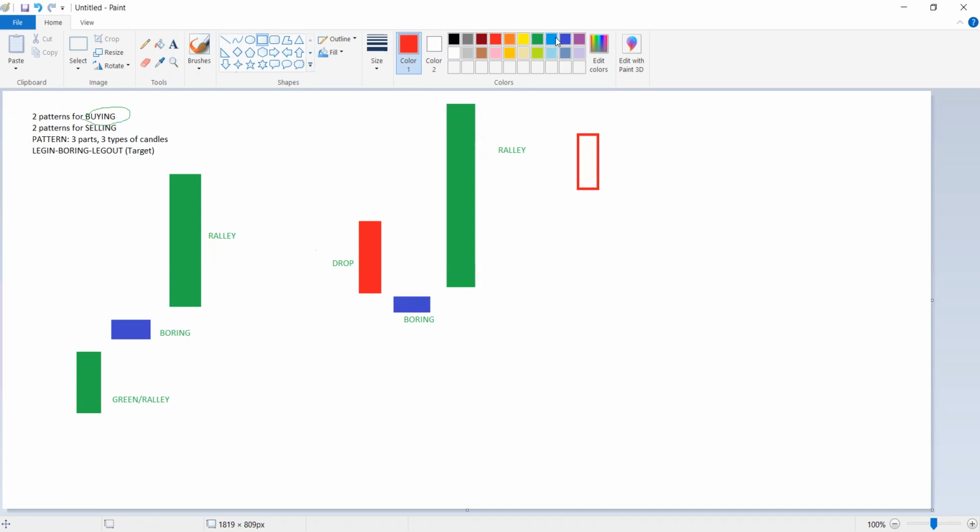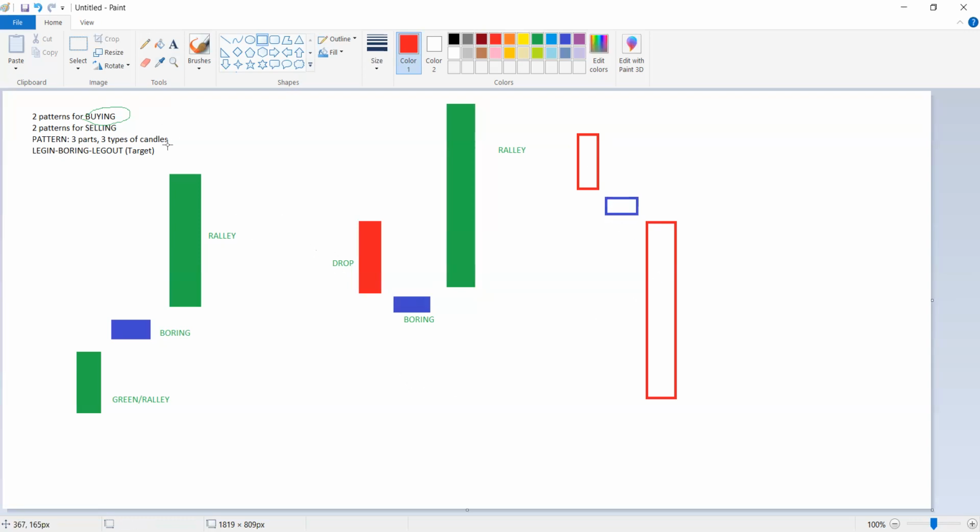Drop. Base. Drop. Leg in, boring, leg out. Drop, base, drop.